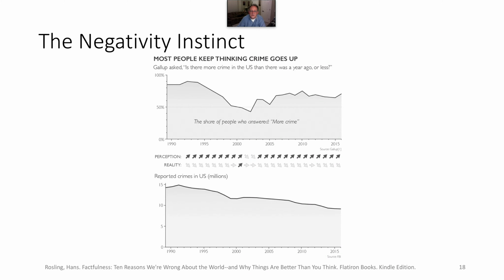Now, the negativity instinct is one where, because we're drawn to it, we tend to think negative, we tend to buy into the idea that things are getting worse. Here's a Gallup poll that was done over about 20 or so years, where the perception was that crime was on the rise, with the exception of just a couple of years, whereas the actual reality is that in the area they were polling, crime was actually going down, with the exception of 5 years: 4 years that were level, and 1 year where it popped up just a little.